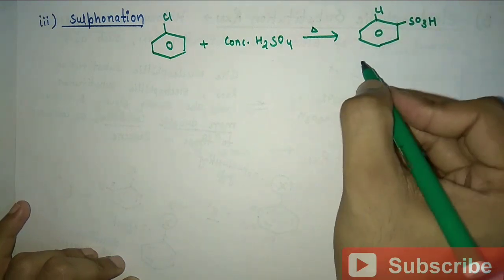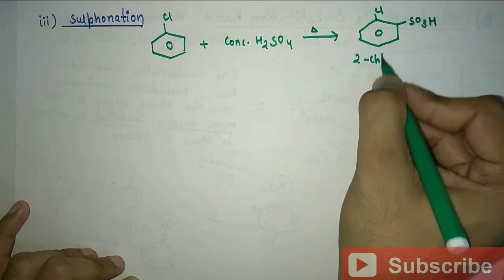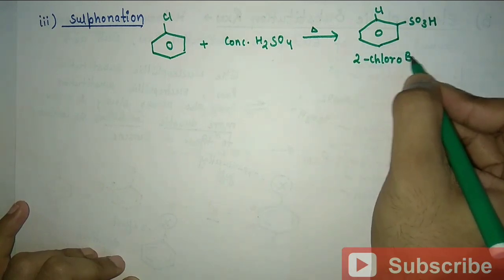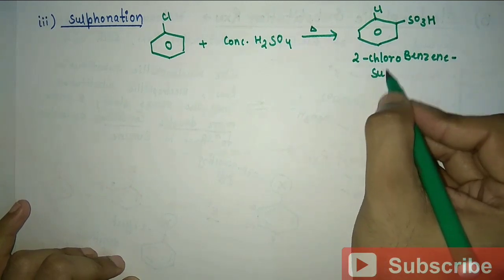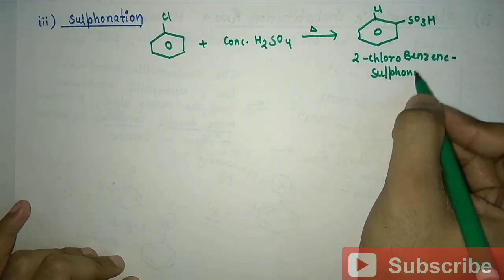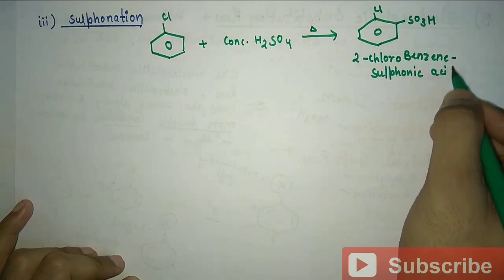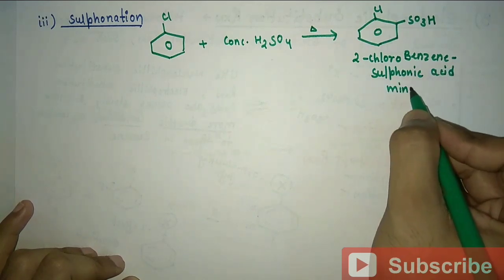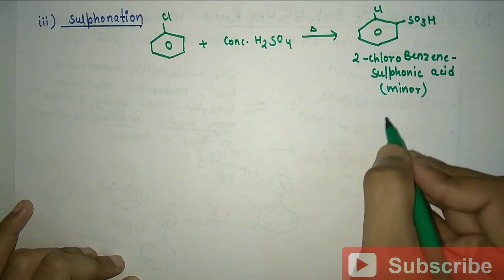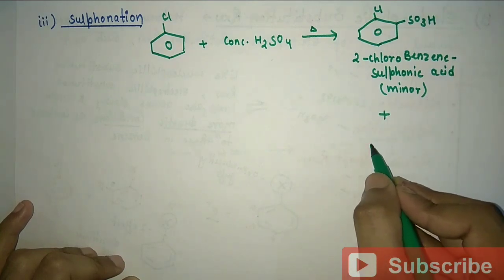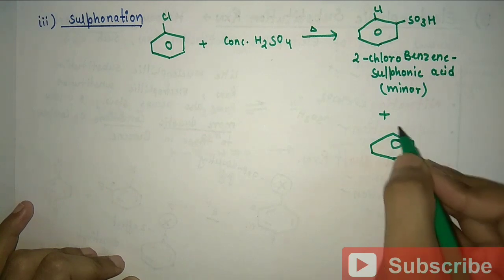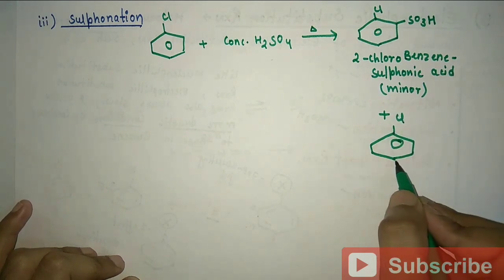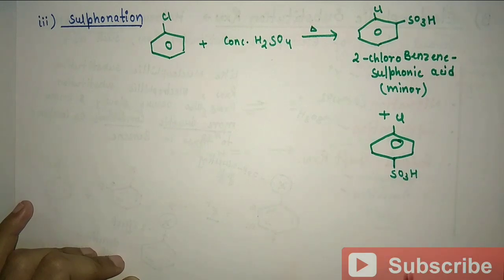So this is our 2-chlorobenzene sulfonic acid, and this is our minor product due to the more steric hindrance, and the next product will be the major product, the para one, SO3H. The sulfonation occurs at para position.